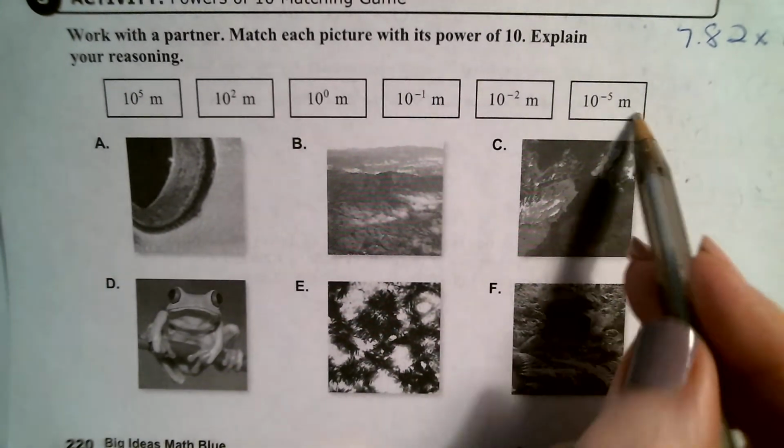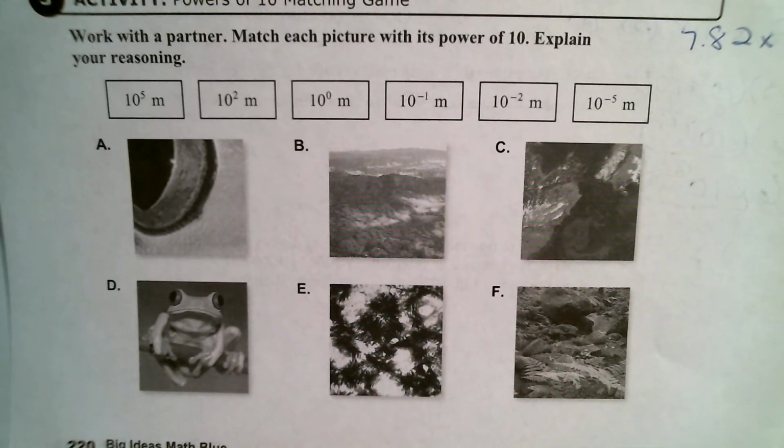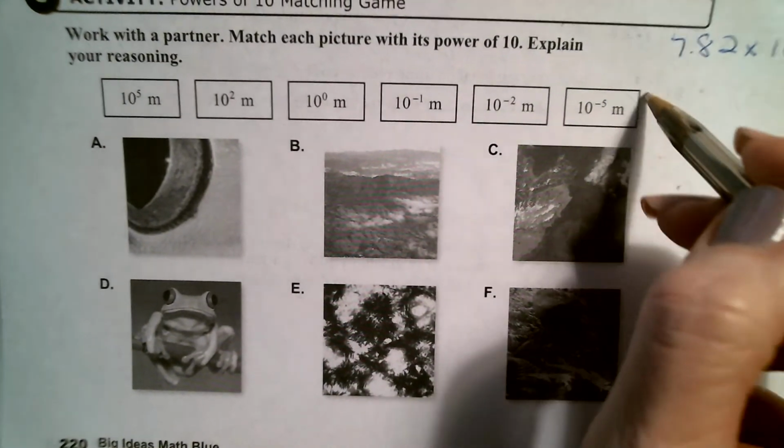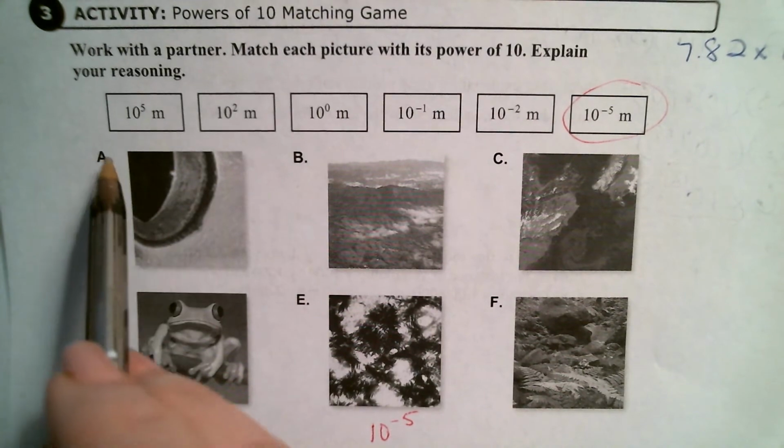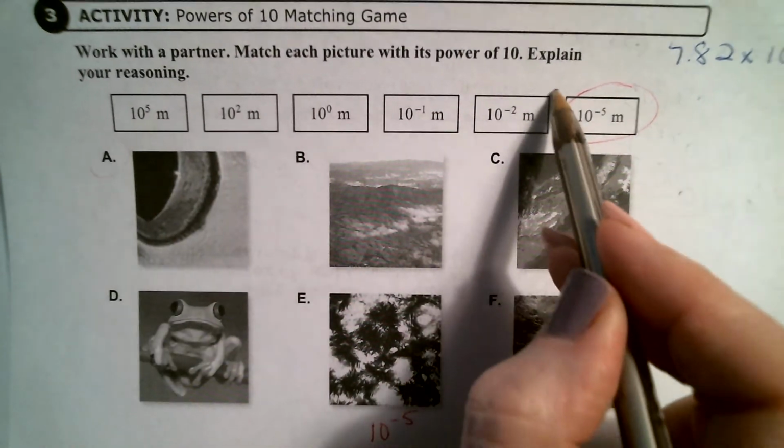I don't know if you could tell that this was kind of like a microscopic picture. And so if all of these were the same unit of measurement of meters, the smallest would be here, right? So 10 to the negative 5 meters would probably be this microscopic picture. And then here we're pretty zoomed in, right?